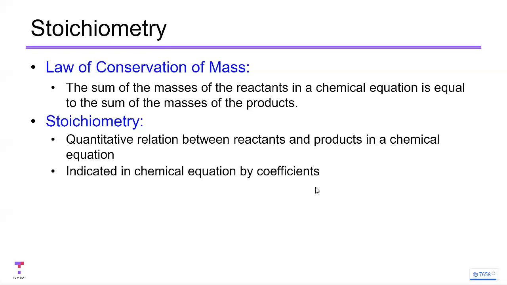I take moles and I convert them either into grams or particles. All that we are doing is extending that by allowing us to look at how one substance relates to another substance in a chemical reaction. And that's where the balanced chemical equation comes in.